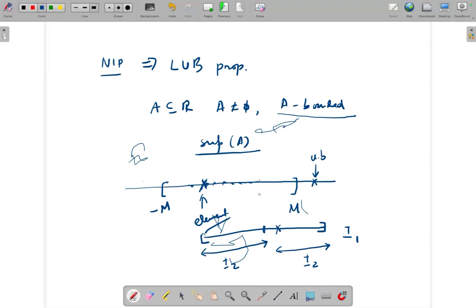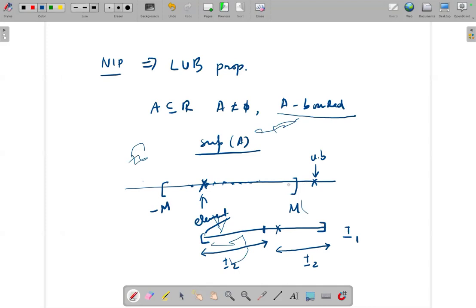My set is somewhere here, maybe scattered. I don't know, but it is somewhere here. I have picked some elements and then upper bounds. So the way I'm picking elements, they are increasing, and the way I'm picking upper bounds, they are decreasing.